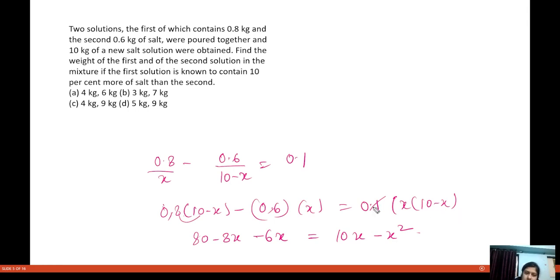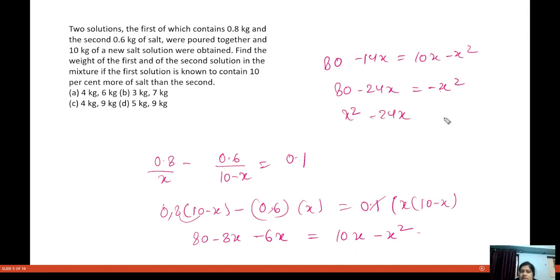So this comes to 80 minus 14x equals 10x minus x square, and this becomes 80 minus 24x equals minus x square. So this comes to x square minus 24x, and this makes us 80.